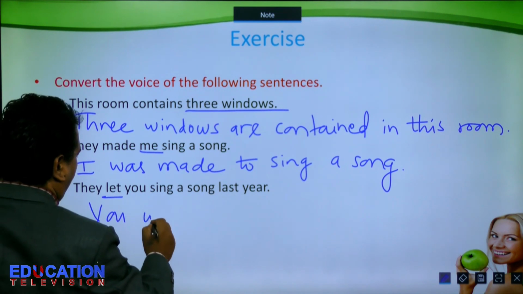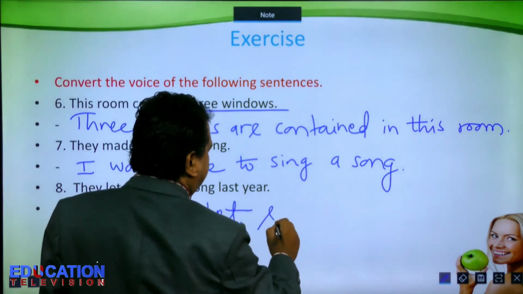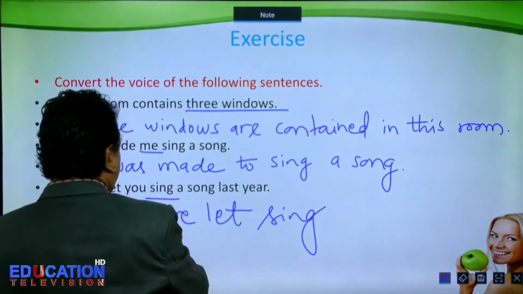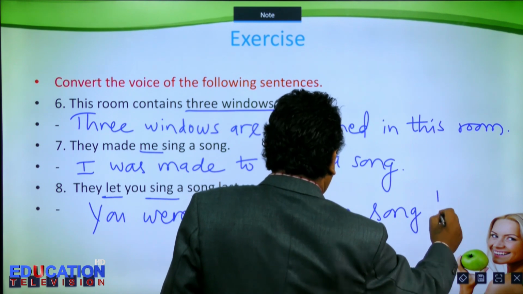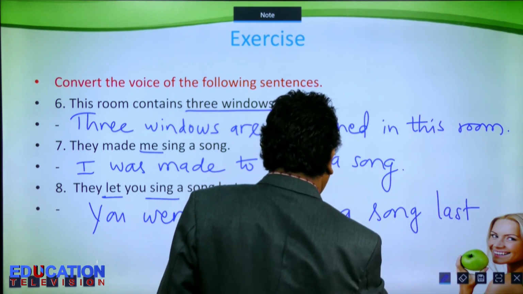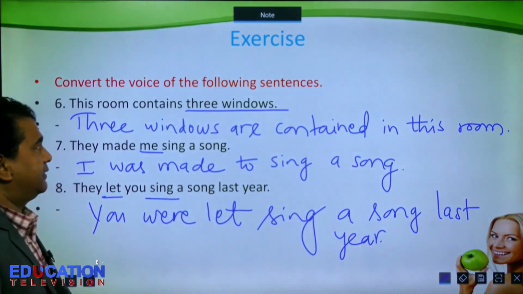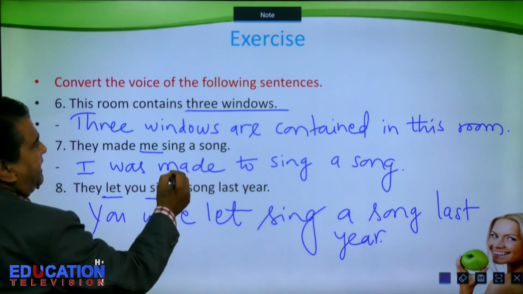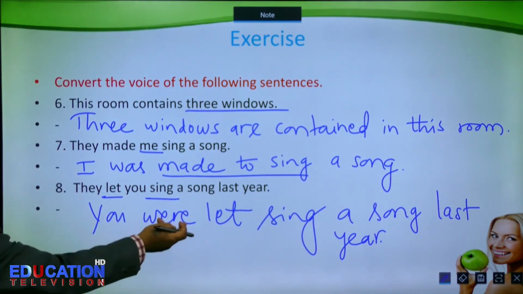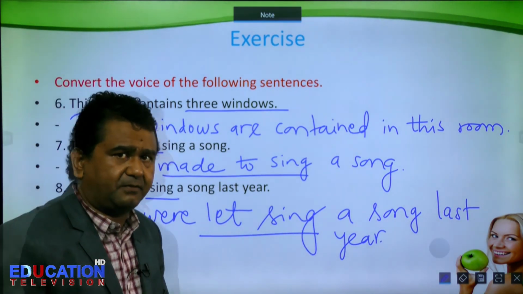You were let sing. You can't write to sing. You were let sing a song last year. Right? So with make, you convert it to made to sing. But with let, you write only let sing. That's the difference in passive.